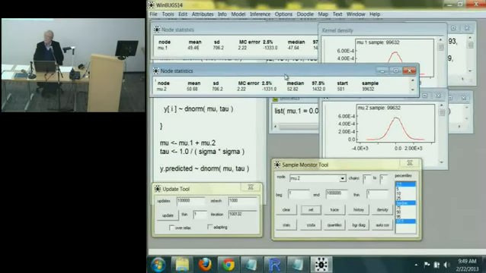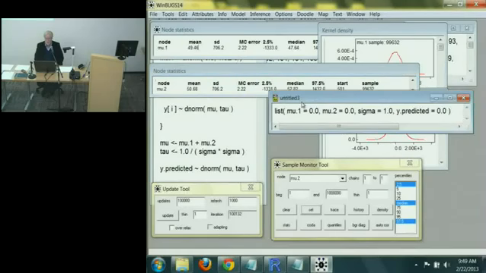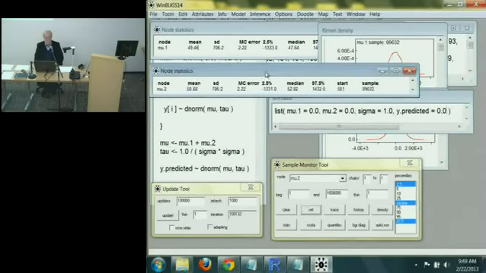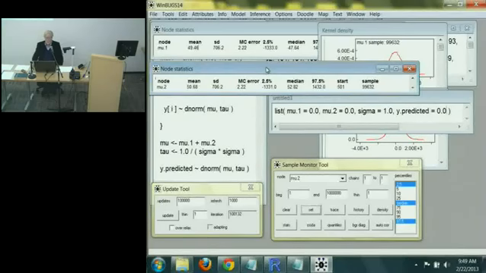So what has happened is that no matter where we started it, in this case we started it off at 0, 0, which has nothing to do with it, the MCMC, the modeling process, has decided to evenly split the difference. The right answer for mu1 plus mu2 is 100, and it's just decided, okay, I'm going to give each one of them 50.